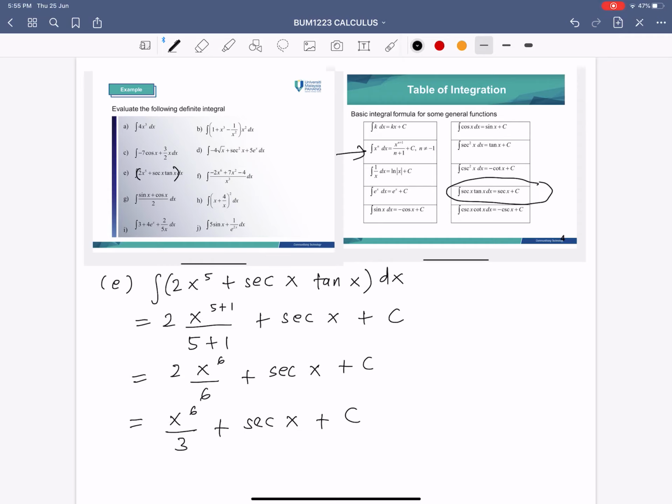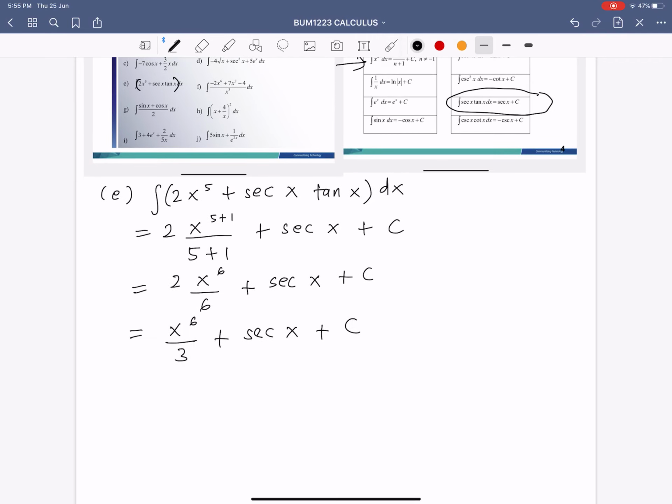All right. Next, question F. For question F, we have the integration of negative 2x power of 6 plus 7x squared minus 4 over x cubed dx. Alright, we have to rewrite this first, because if not, then you cannot perform the integration.